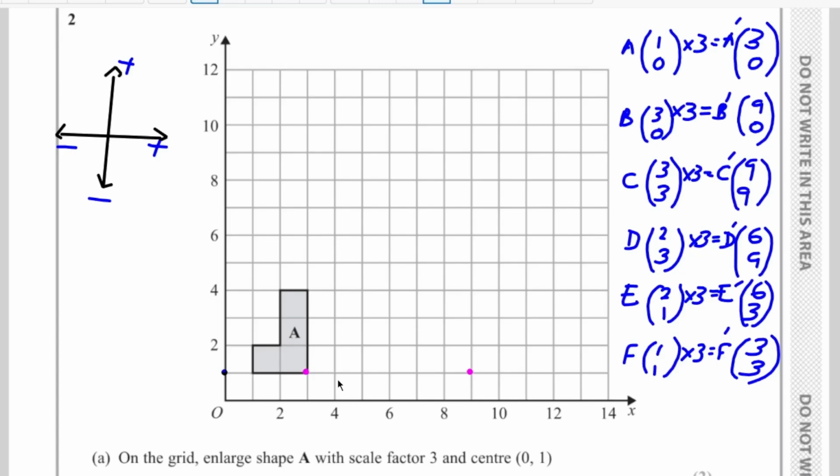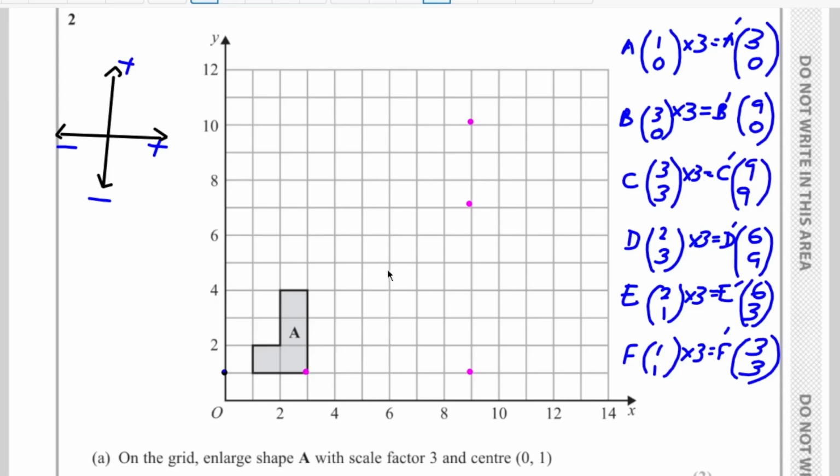Third one, 9, 9. 9 all the way up to here, 1, 2, 3, 4, 5, 6, 7, 8, 9. It comes all the way here. Next one is 6, 9. 1, 2, 3, 4, 5, 6. 6 is here, 6, 9.